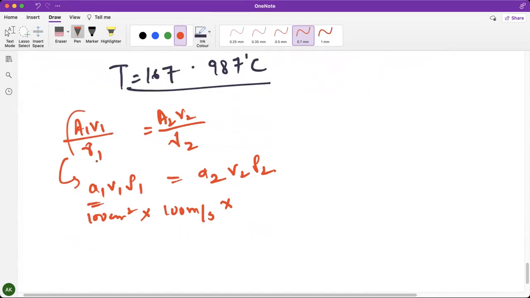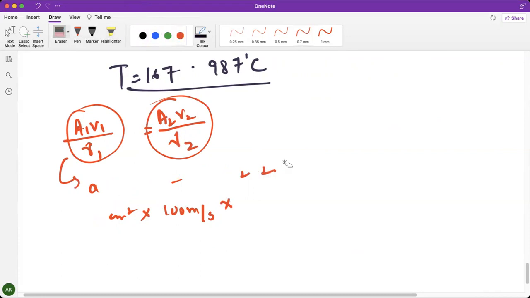Or you can substitute the values in these as well, the specific volume values we can find out. Leave this method. It will be very lengthy, because density we would be needing to find out.